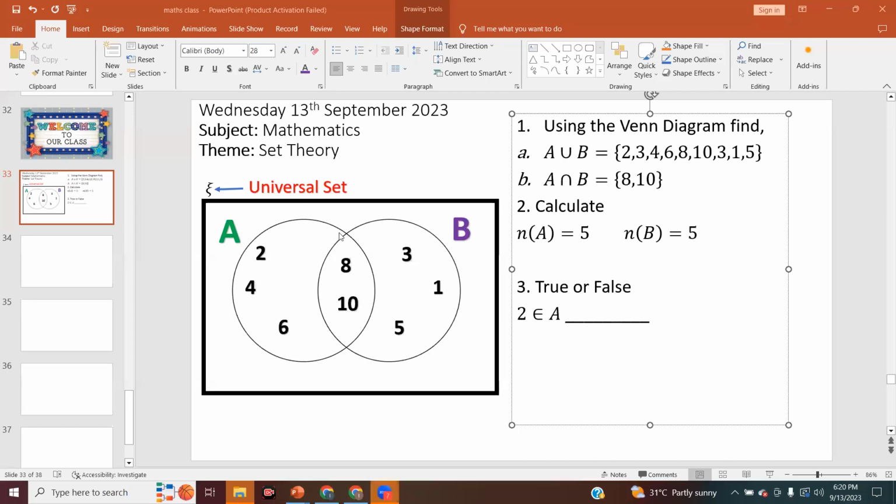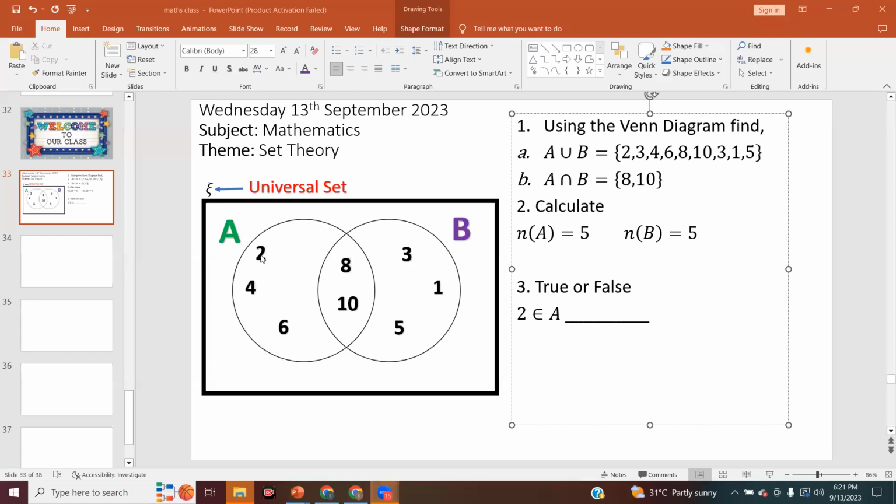Morgan, are you there? Yes, sir. Why do you believe that 2 is an element of A? It's an element because it's in the circle. Very good.